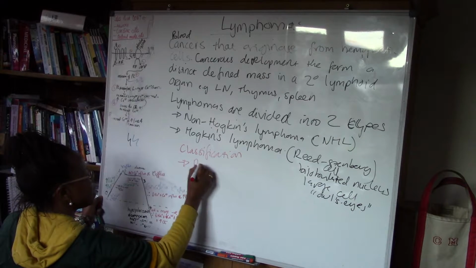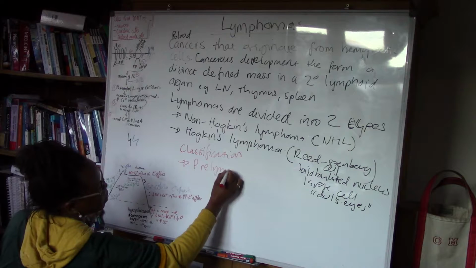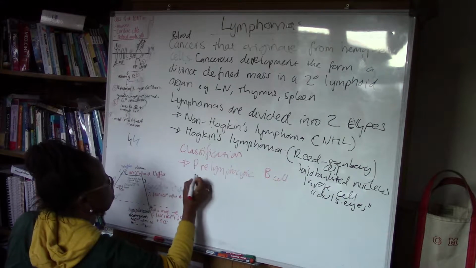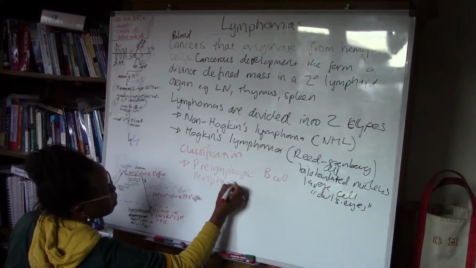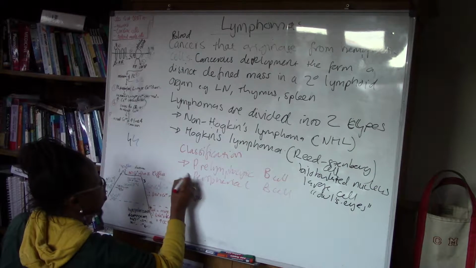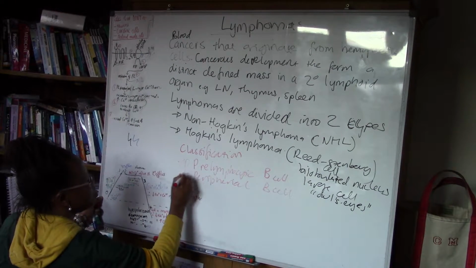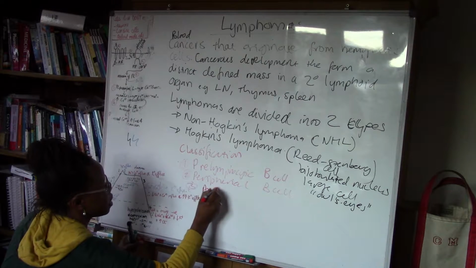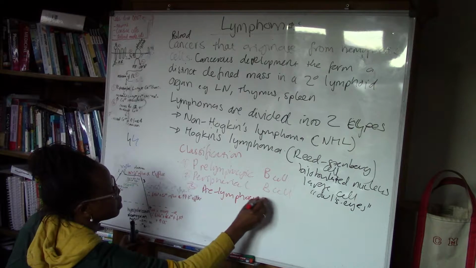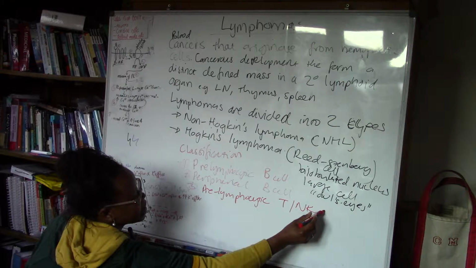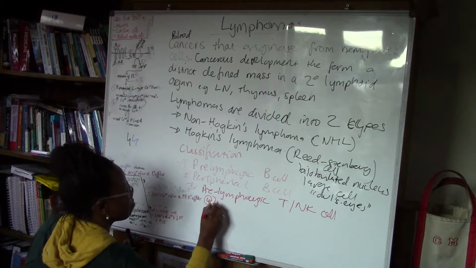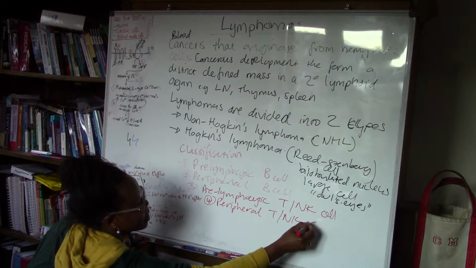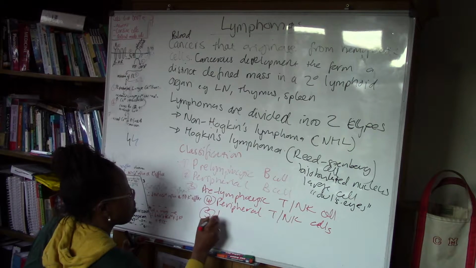It can either be pre-lymphocytic of B cell, or peripheral B cell, or pre-lymphocytic of either T or NK type cell, or peripheral T or NK cells, or a Hodgkin.